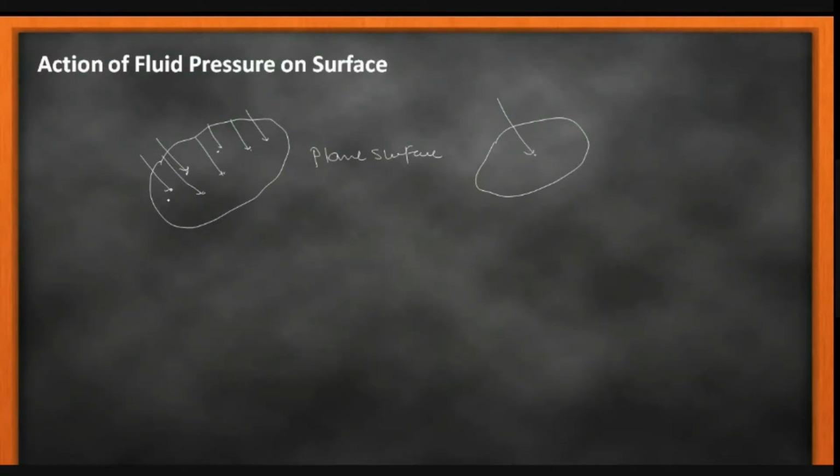Let's say for a small area, the force acting is P1 and the area is delta A1. Similarly, the area is delta A2. Here it is P2, P3, P4. Likewise, this is Pn, and the area is delta An.